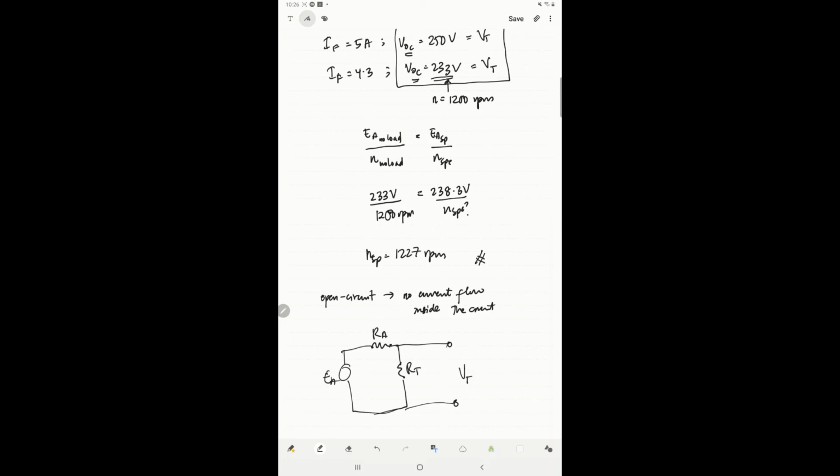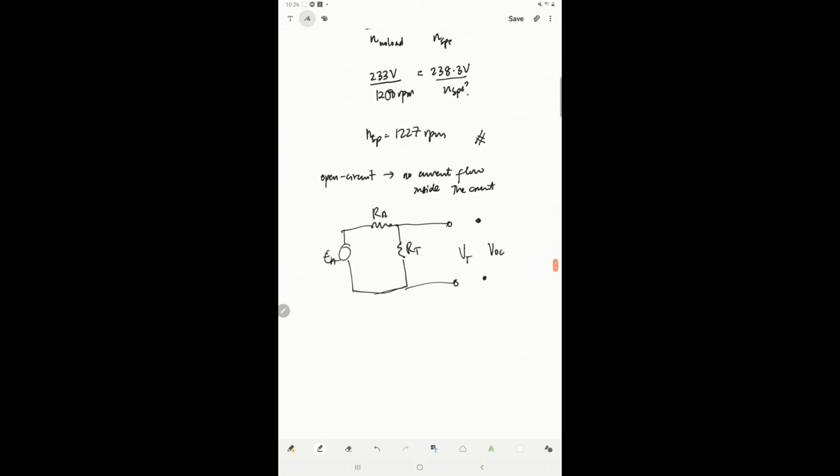So open circuit voltage means there is no current flow inside the circuit, and that is the amount of voltage that we have at the terminal. If there is no current flow, we will not have any voltage drop here. So this line only has EA, and this line is VOC. So EA will be equal to VOC, which will be equal to VT at this point.